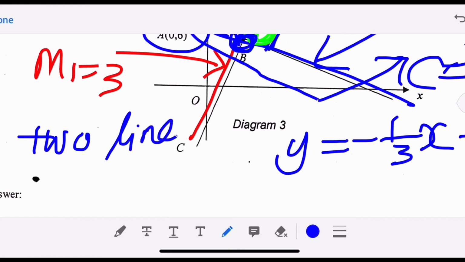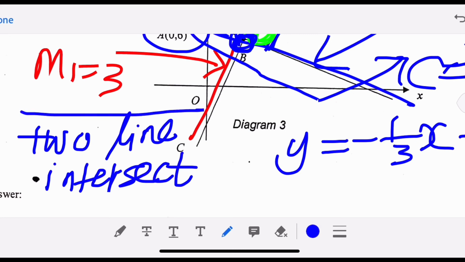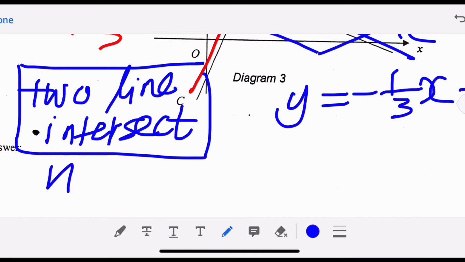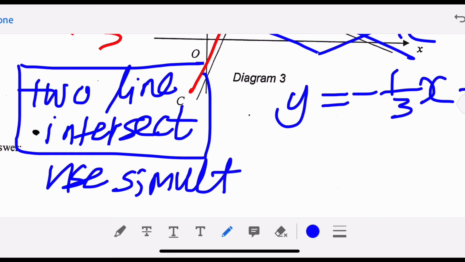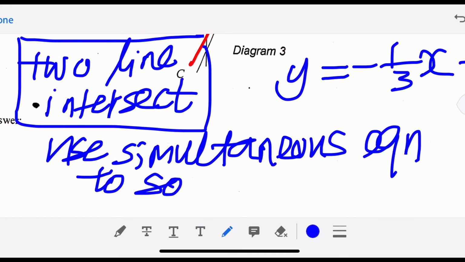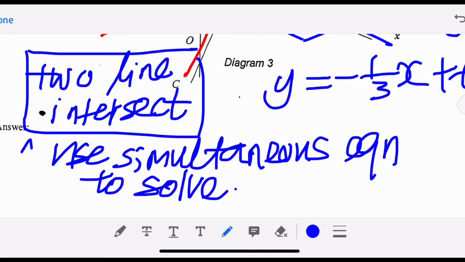There are two lines: one is the red line and the other is the blue line. Remember, this concept is very important. When two lines intersect each other, we use the simultaneous equation concept. You have to solve the simultaneous equations and find the x and y coordinates, and that point is the point of intersection.